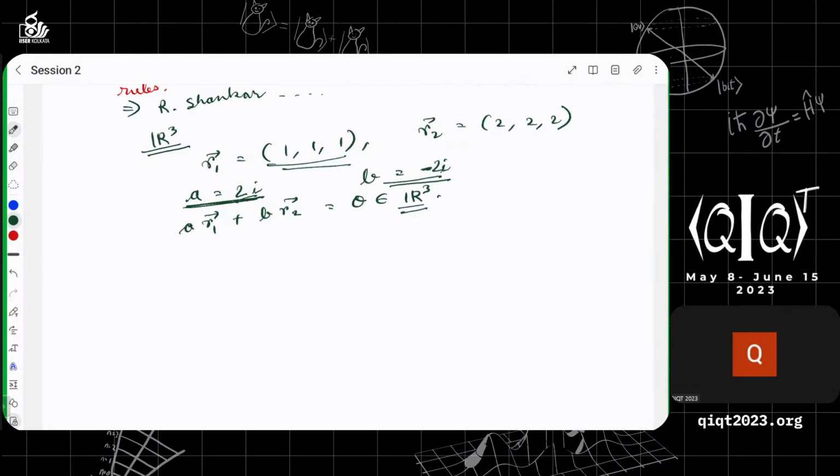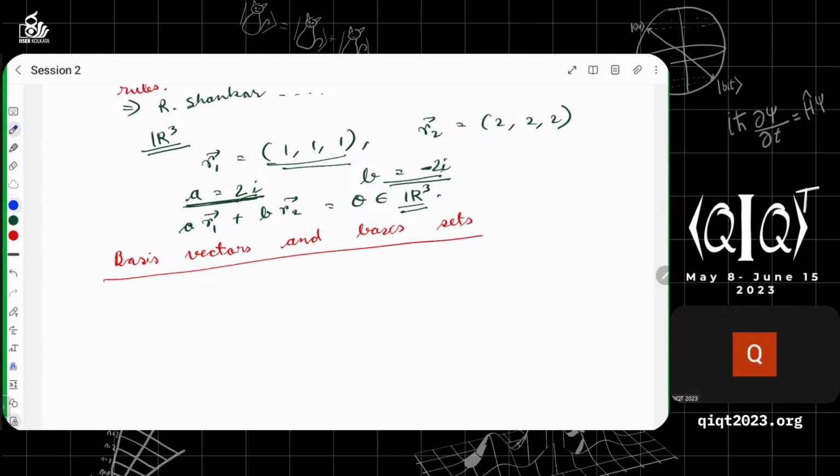All right, so now we will look at a very important concept related to vector spaces, and that is the concept of basis vectors and basis sets. Now let's look at it in general terms.